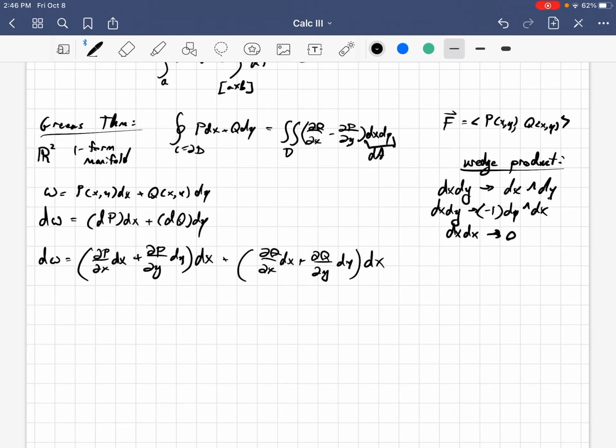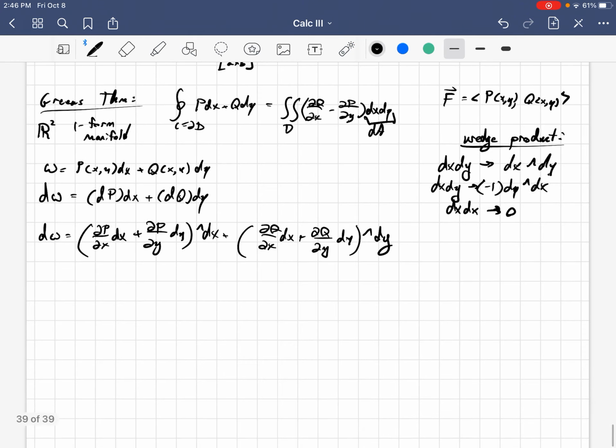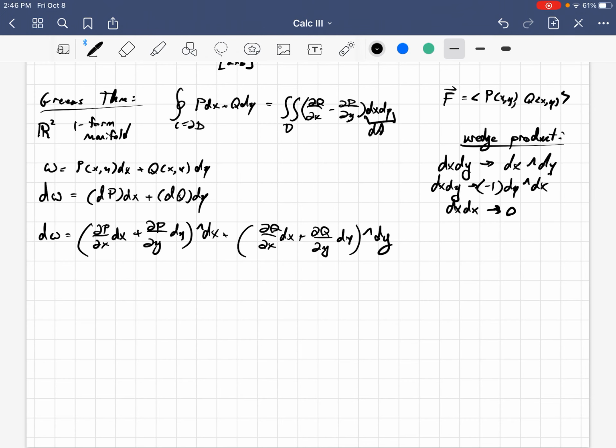Okay. Now using this notation, let's stick in the wedges here. So wedge dy, and I realized that I accidentally wrote dx here. I meant to write dy. My bad. So let's use the properties of the wedge product now. Realize that any differential wedged with itself is 0.